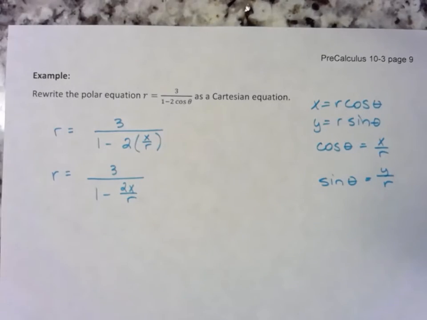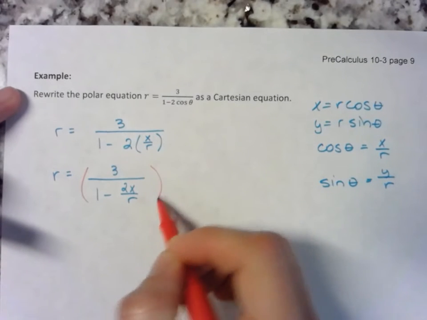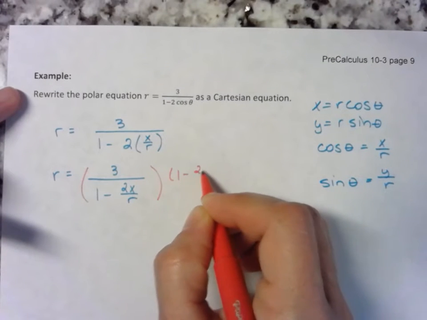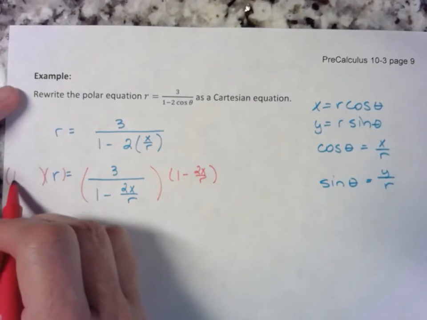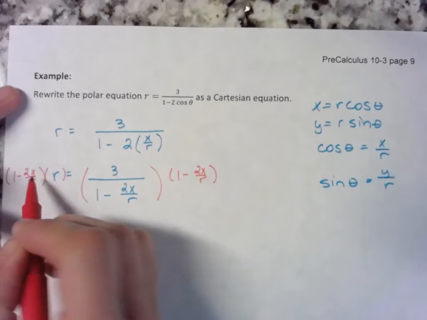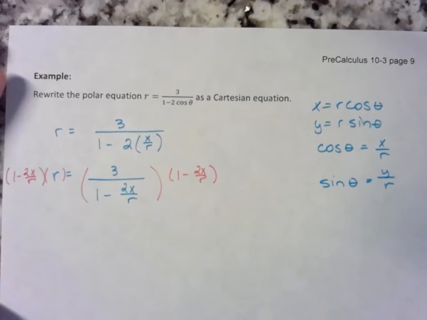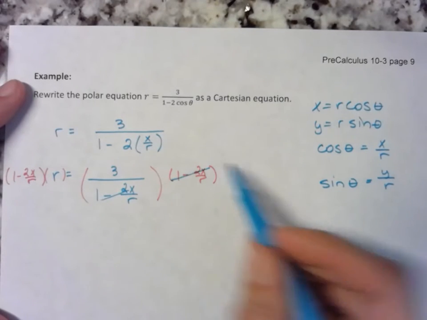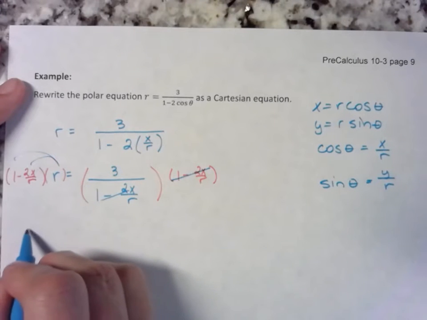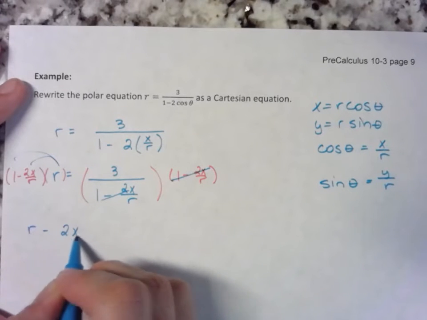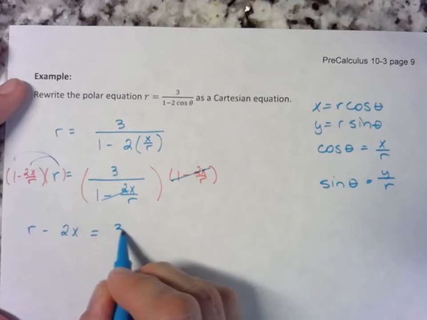What I could do is multiply both sides by that denominator. So these go away, and I can distribute this one. So I have r minus 2x is equal to 3.